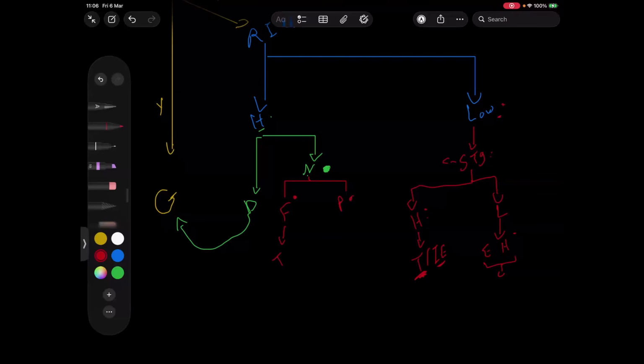If you find it patchy, it's going to be multinodular goiter, MNG.